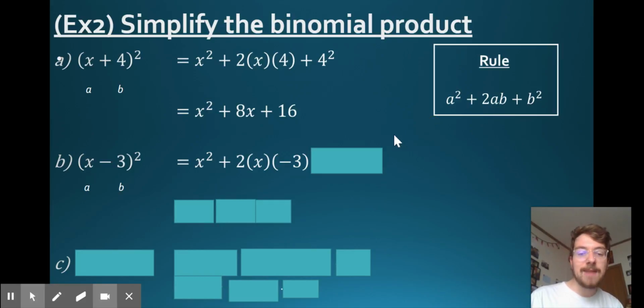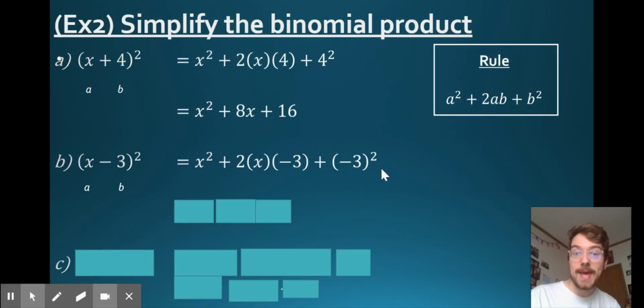So in the middle, I have 2 times x, my a term, times negative 3. If you see a minus there, that is a negative. Do not get that twisted. And then at the very end, I have to do plus my b term squared. So we want plus negative 3 squared.